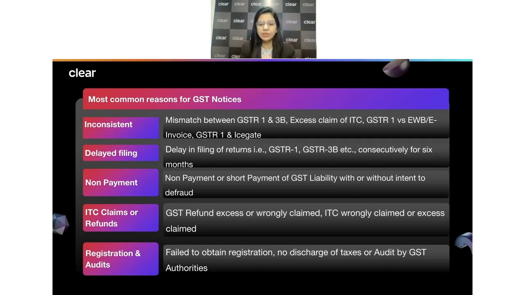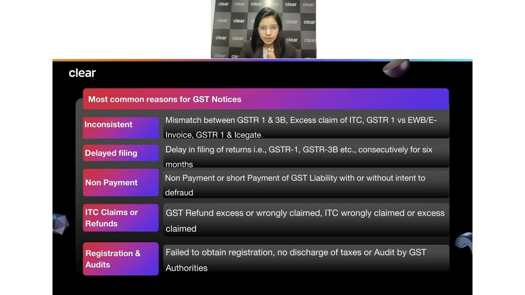If there is certain information which is part of one but not the other, we should not compare that. For example, in 3B there are inward supplies liable to reverse charge, which is a kind of liability you have to pay on purchases. We all know that this will not form part of GST 1, so we don't even have to compare that. So we always have to compare what is common in both and then see whether it is exactly matching or not.